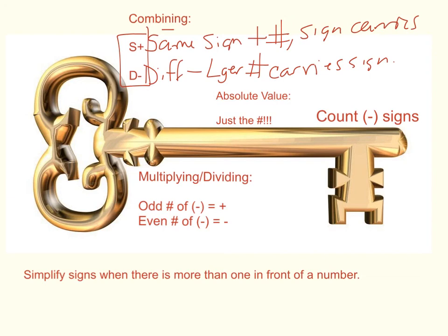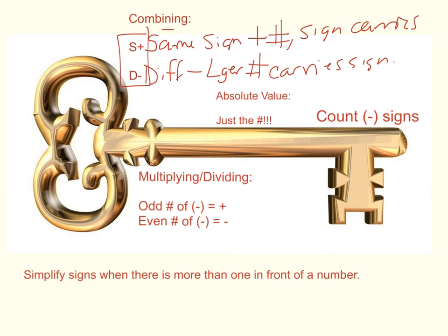The other thing you want to remember is what the absolute value is. Absolute value is simply just the number. You want to make sure you count the signs that you're working with, count the negatives. Remember, we don't care about the positives. Multiplying and dividing, we're going to work off of the odds and evens.